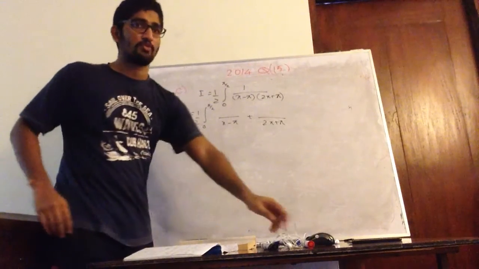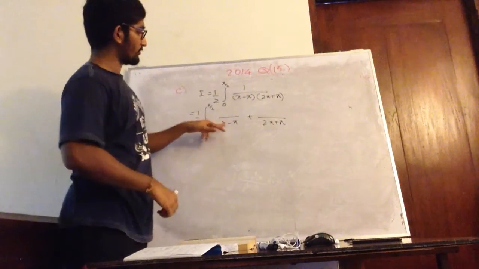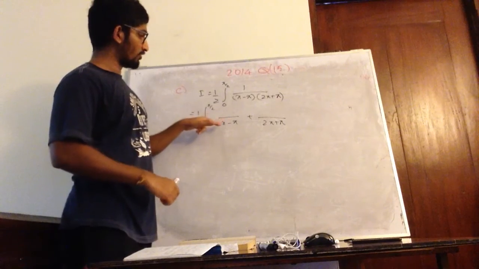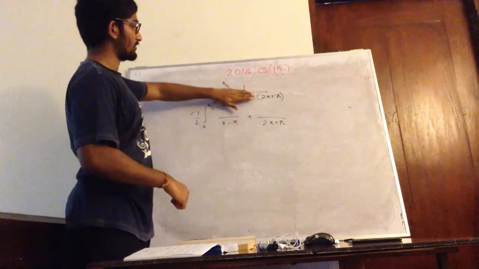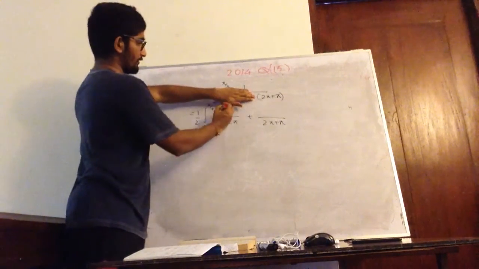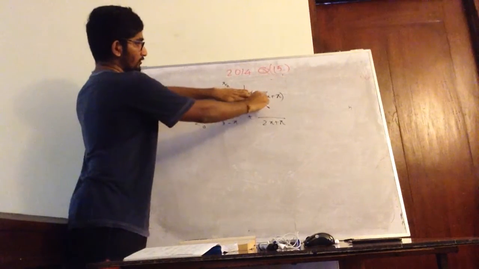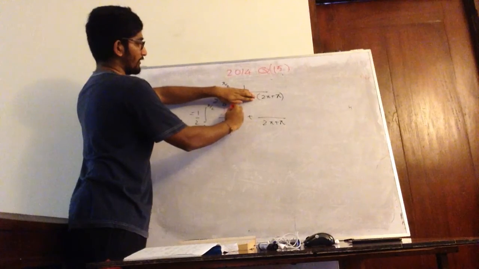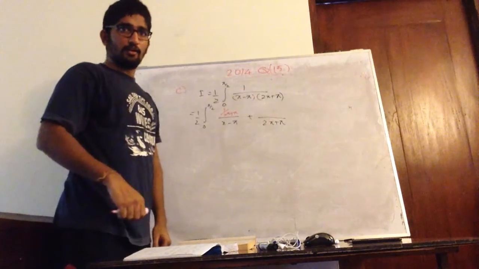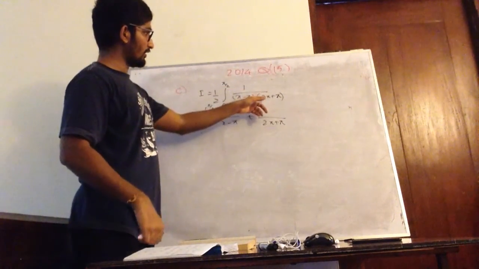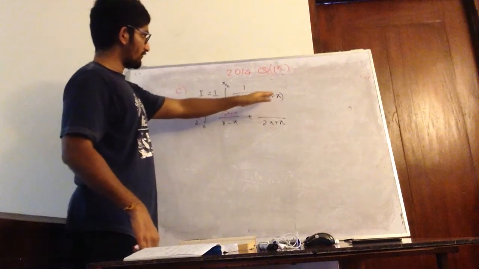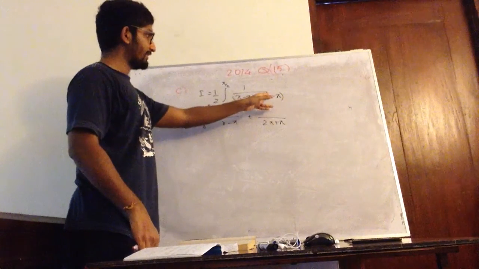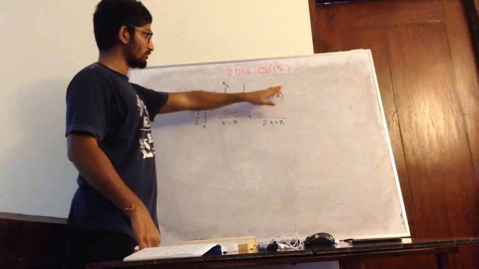So what do we do now? Because this will become 0 at x equals 5, you close this up and put 5 here: 2 times 5 plus 5. Then when this is 0, x equals minus 5 over 2.